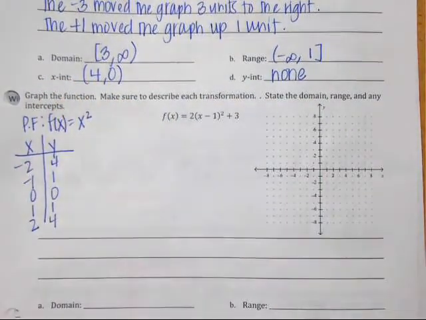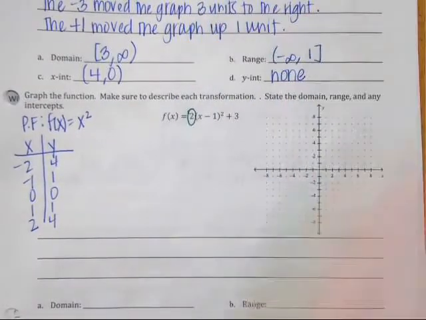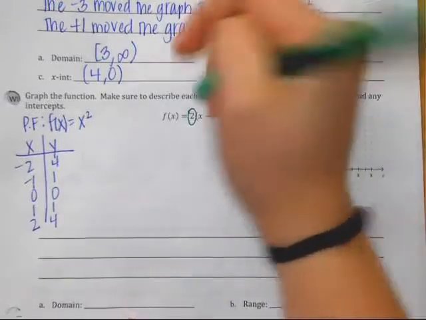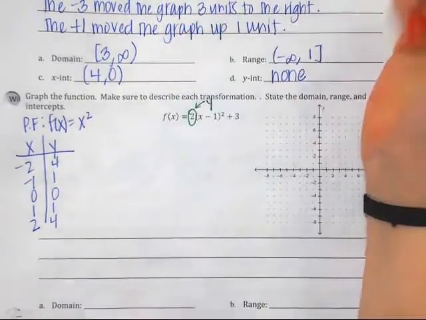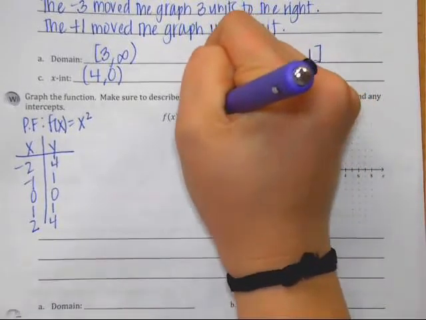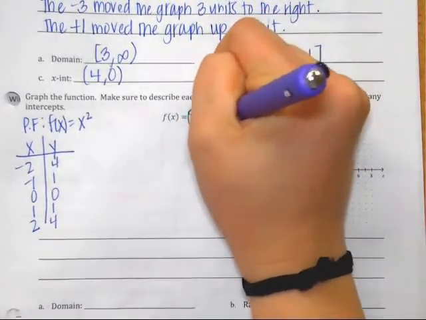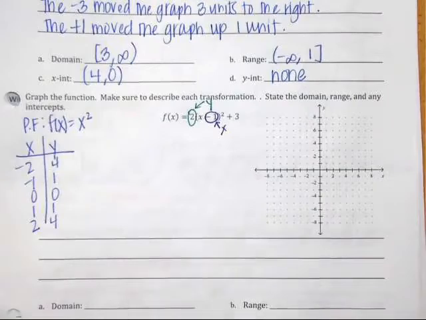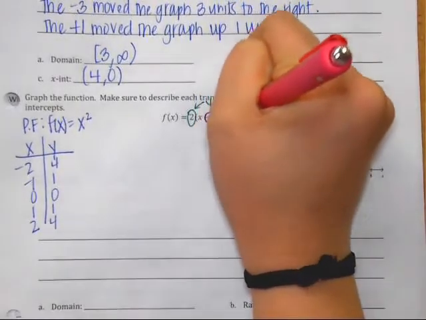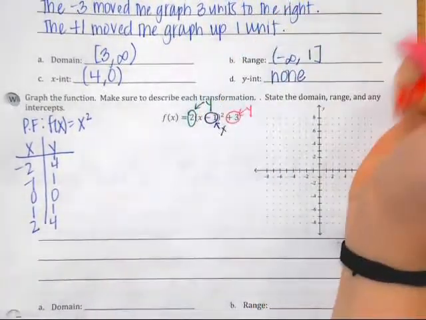So we again have 3 transformations. We have this 2. The 2 is on the outside. It's not being squared. So it's on the outside, so it's a change to the y. The minus 1 is within the square. So this minus 1 is a change to the x. And then the plus 3, since it's on the outside, is a change to the y.